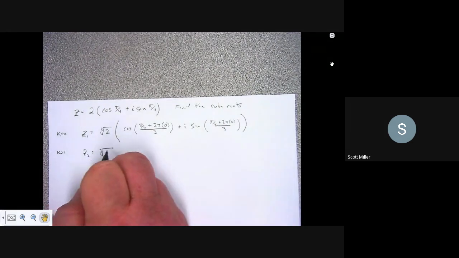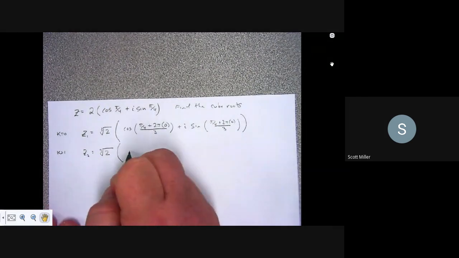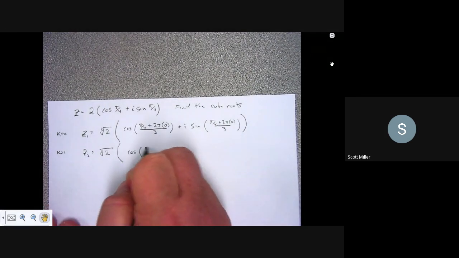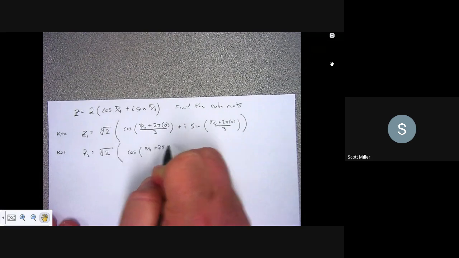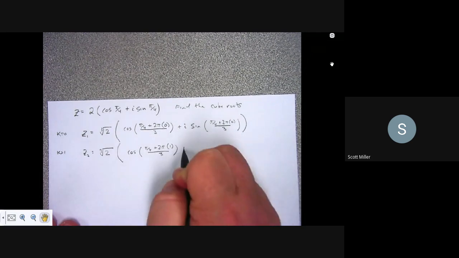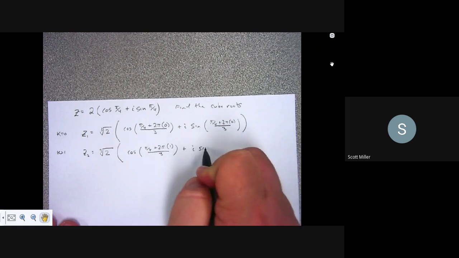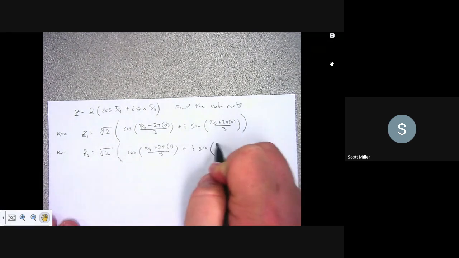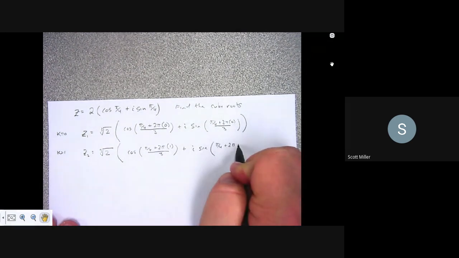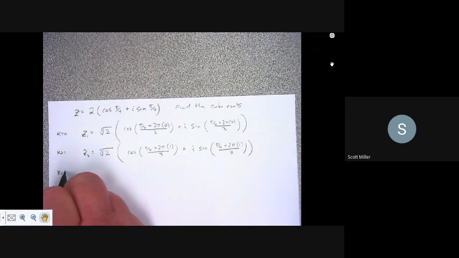What happens when k is 1? Again, the cube root of 2, you have the cosine. Same thing again. This time k is 1. See, so it just takes a little bit of time to write it all out, and then we'll have to simplify it. But it's not that difficult. And then the last one is when k is 2.